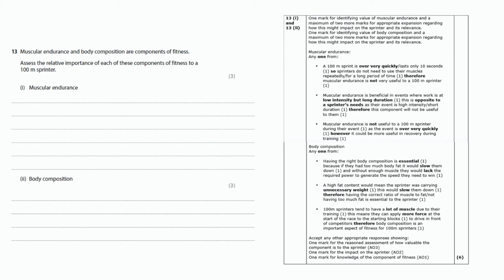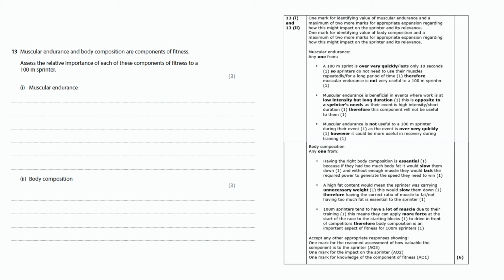So first one, muscular endurance. For mark number 1, first thing is you want to say what muscular endurance is. Muscular endurance is using voluntary muscles repeatedly without becoming tired. If you put something along those lines, you're going to get your mark. We then need to discuss the sport of 100 metres. Hopefully we've realised a 100-metre sprint doesn't really need muscular endurance, and that is because it only takes place over a short period of time.